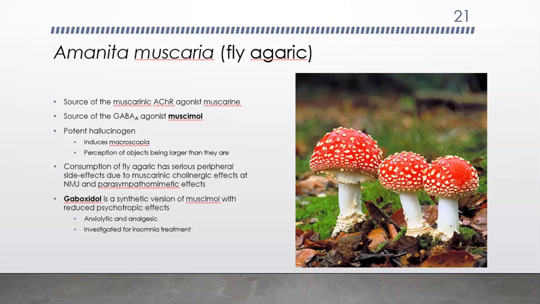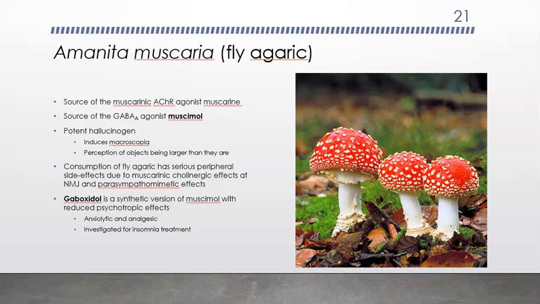It can act as a potent hallucinogen, and it makes the perception of objects appear larger than they are in high doses. It does come from a fungi, so that's why we've got a beautiful mushroom sitting over in the picture there. So you can see what it comes from.